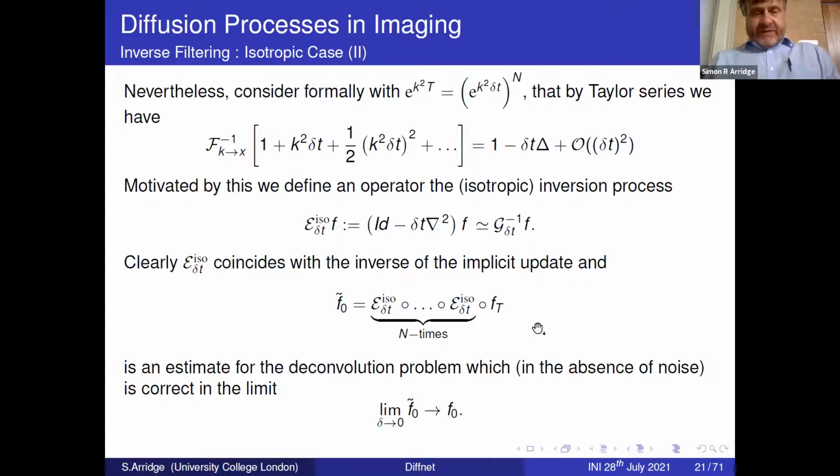And this then lets us suggest that we could invert this process by concatenating these incremental operators. Now, of course, we know it's unstable because the addition of any noise will be exponentially growing. Nevertheless, we could write this down as a formal incremental system, and we could say that in the limit as delta t goes to 0, this would solve the inverse problem.